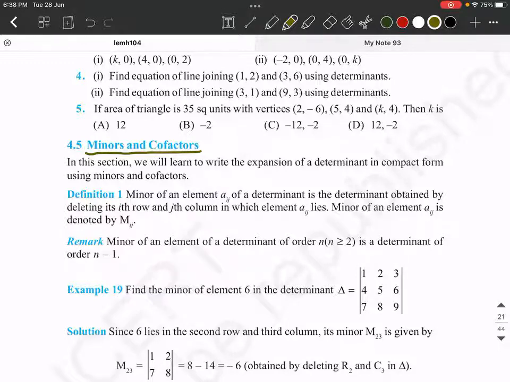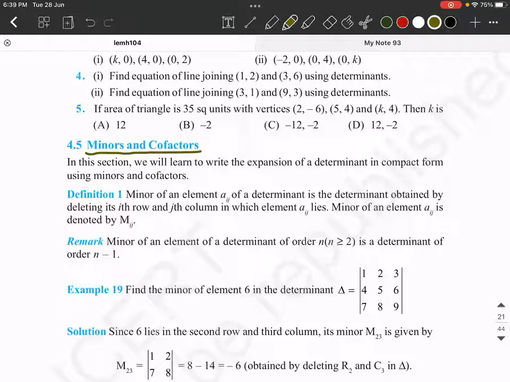For a square matrix of any order, if you take a particular element and you hide the corresponding row and column of that element, then you will be left with certain numbers, right? So that will also be a square matrix. For that square matrix, if you are able to write the determinant, then that determinant is what is called the minor of the element for which you wrote.